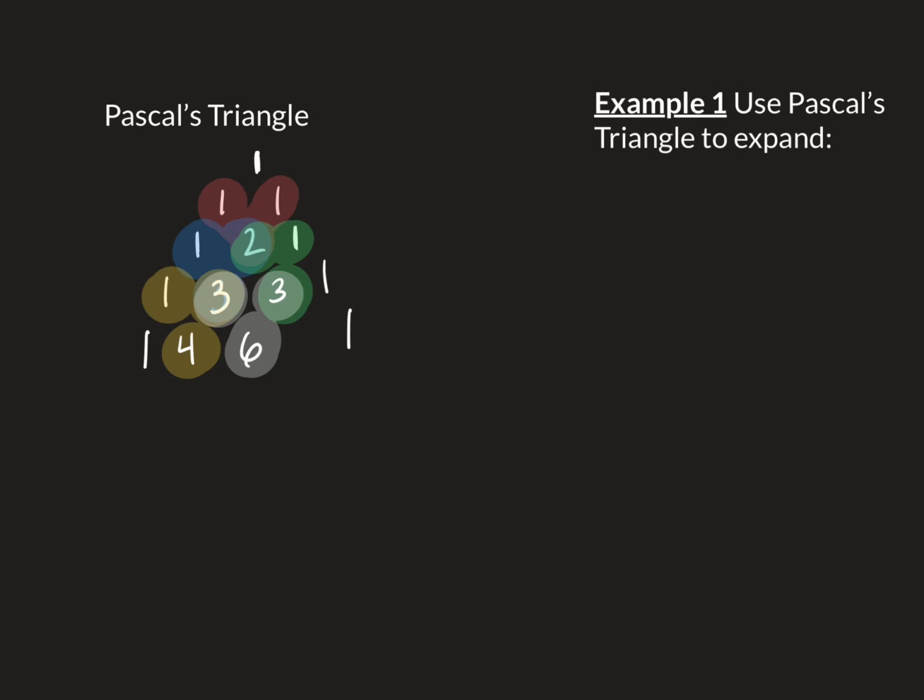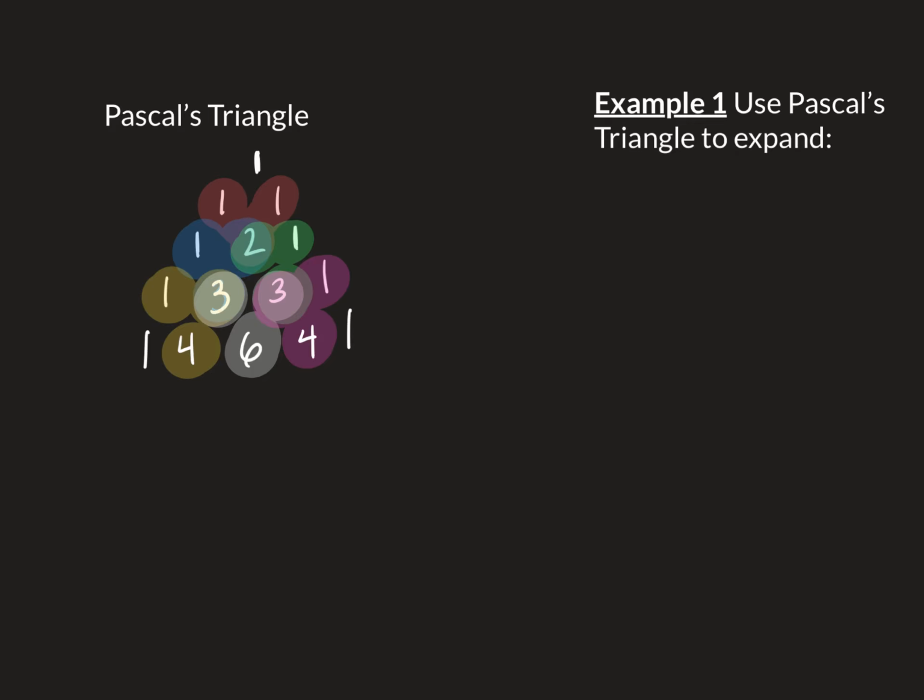To get the next one, hopefully you notice each row is increasing by 1 as well. So to get the next term, you add 3 plus 1, which is 4. See if you can write 2 more rows of Pascal's triangle.